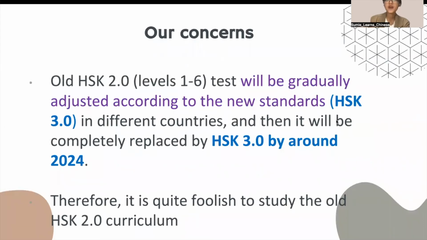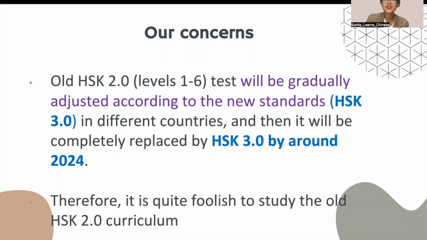So after a lot of changes, we have a lot of concern. The old HSK 2.0, level 1 to 6, the test will be gradually adjusted according to the new standard HSK 3.0 in different countries, and then it will be completely replaced by HSK 3.0 by around 2024. Remember, at this moment, it's already 2022.